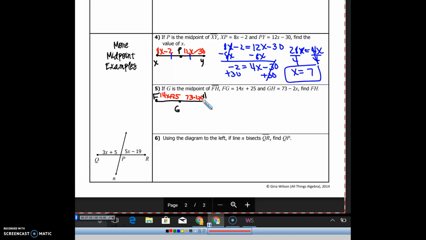Okay. So this time they want us to find the whole thing. Before we can find this whole distance, we need to know what x is so we can find each individual distance. Well, if G is the midpoint, then FG and GH are exactly the same. So I can set these two equations equal to each other.